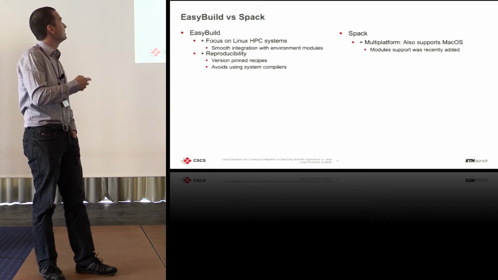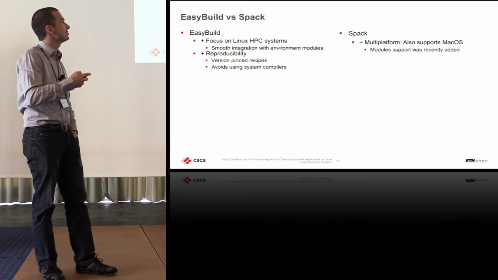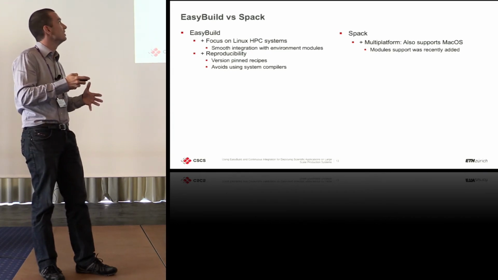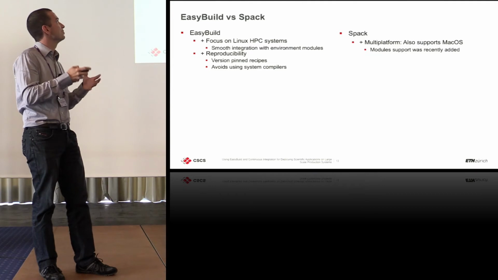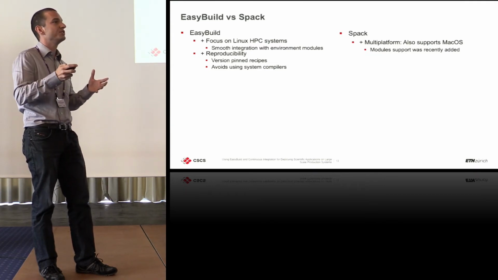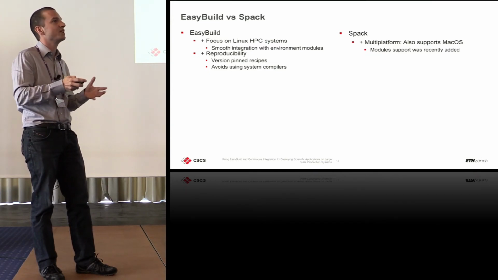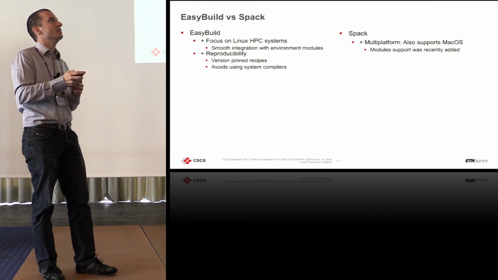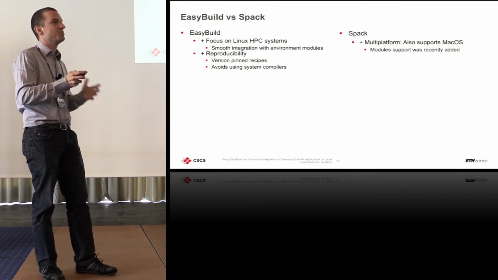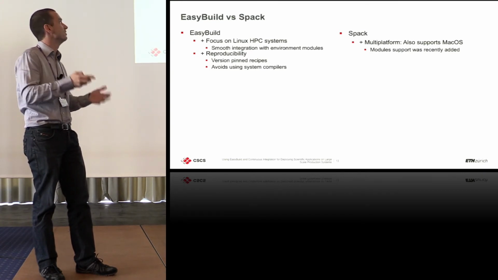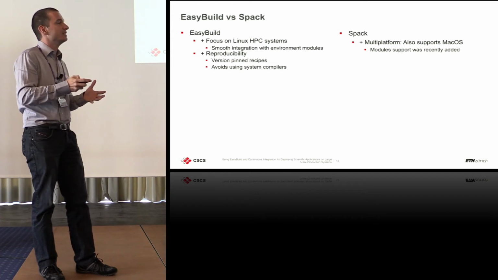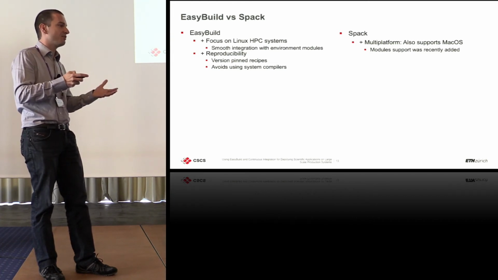Reproducibility. As I said, EasyBuild pins all the versions, so the recipes are made to be shared and to be reproduced by other users as is. So it's not to make generic recipes that might work for you or not, depending on the version that you pick. The versions are there for one reason.